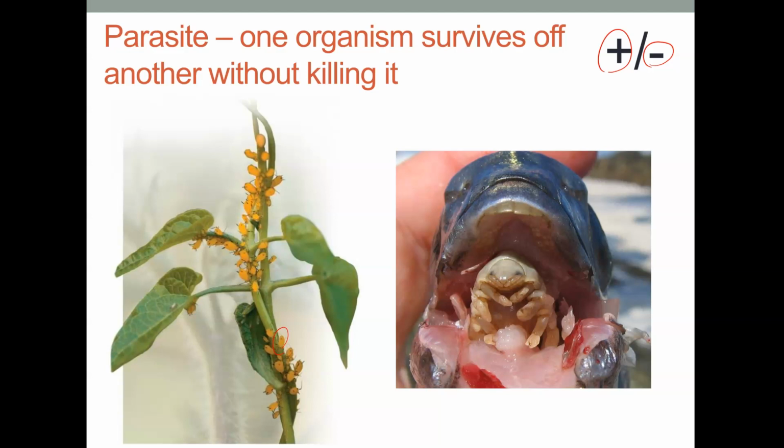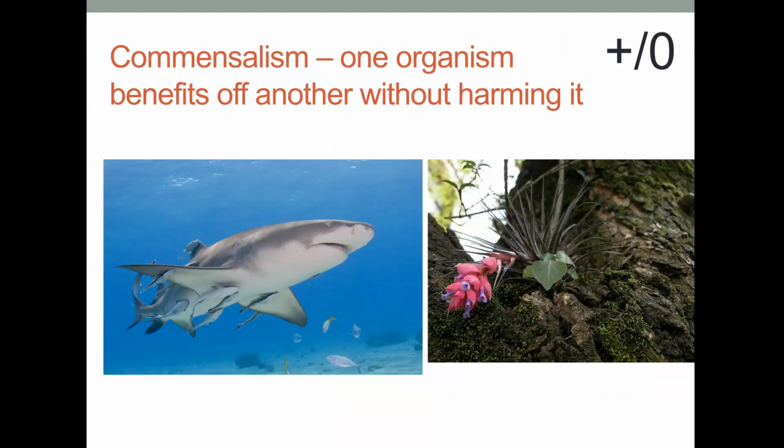The example on the right is so gross that I was going to look it up and I didn't even want to, but this little insect goes into this fish's mouth and eats the fish's tongue and lives in the fish's mouth. It's so gross. I just want to pretend that doesn't exist. So let's not talk about that one anymore.